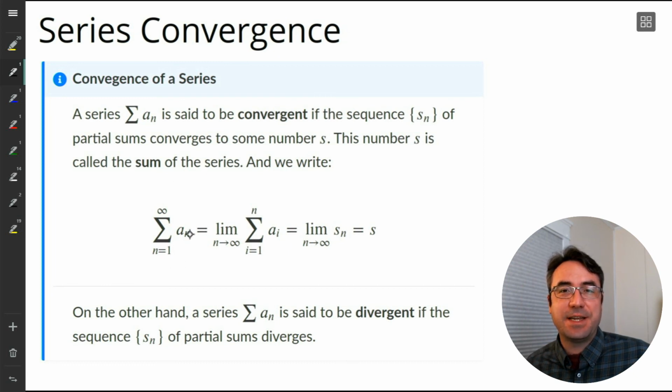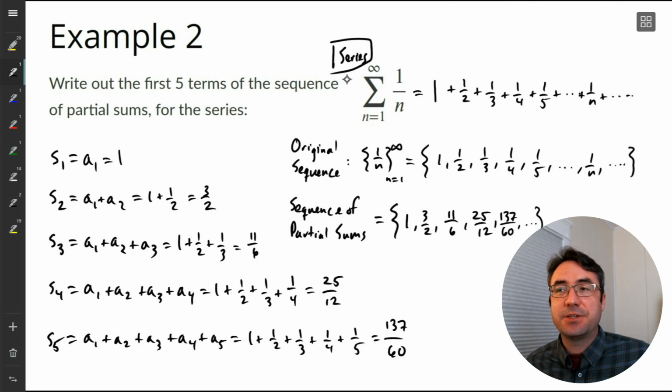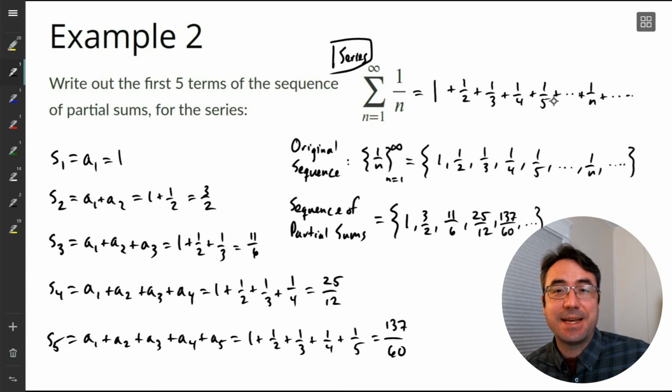So we're going to look at this definition next time. But going back to our example 2 here, we're going to see how we can actually use this sequence of partial sums to answer whether this original series, whether we can actually add all these together or we can't. So we'll see that next time.